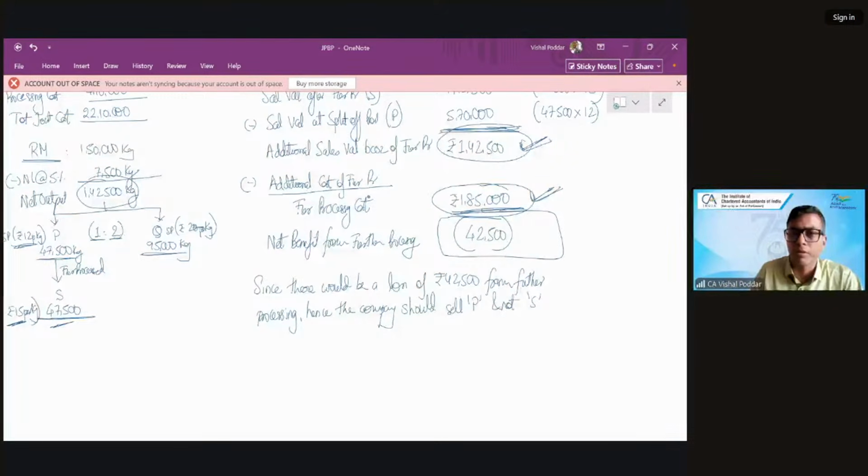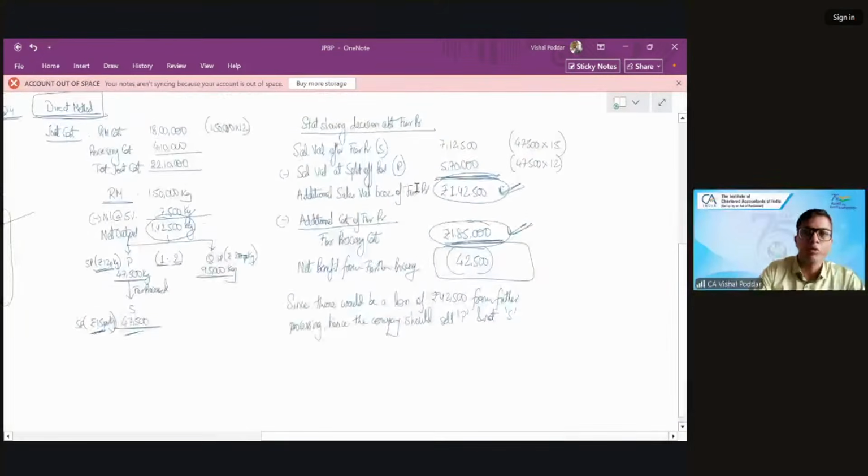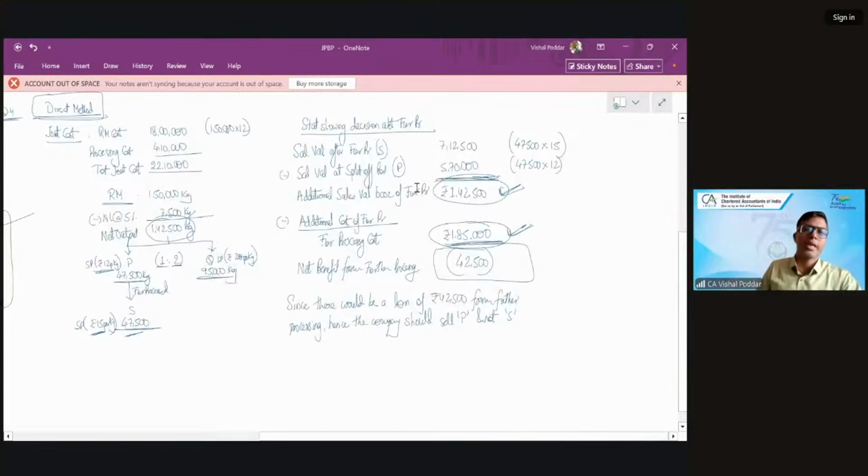Yes, perfect everyone. Good. So students, this is how you can get the answer directly without having to do the first three calculations. And that is why I am calling this the direct method. I hope this is clear to everyone.